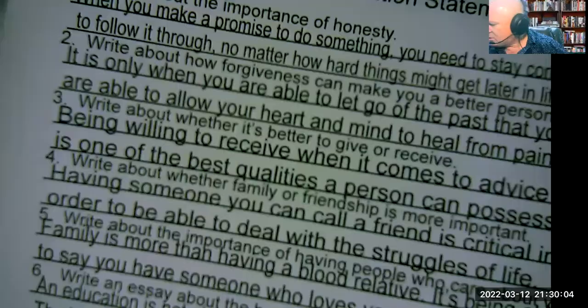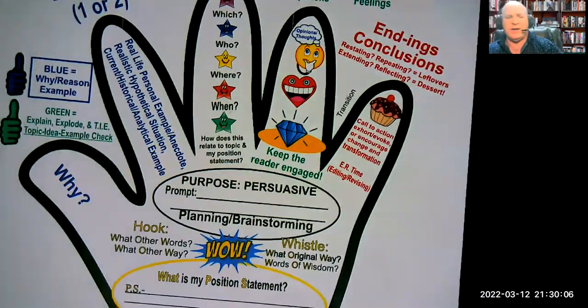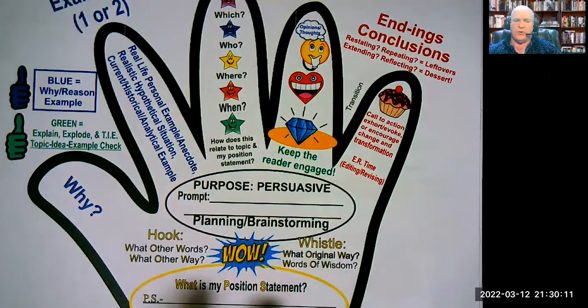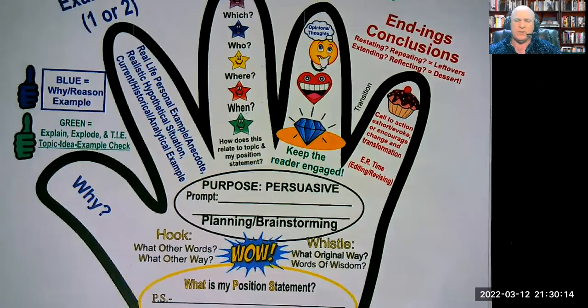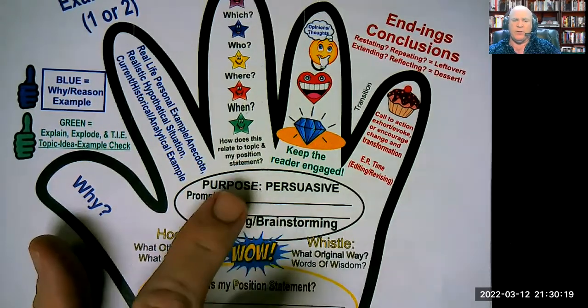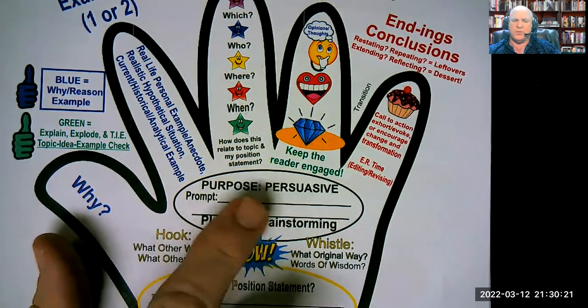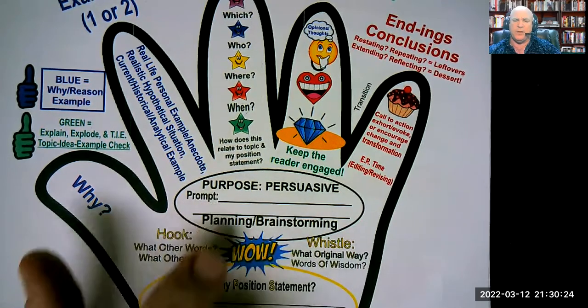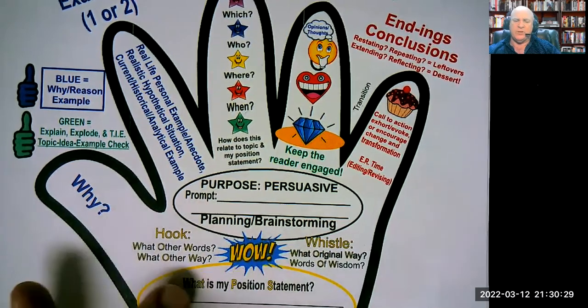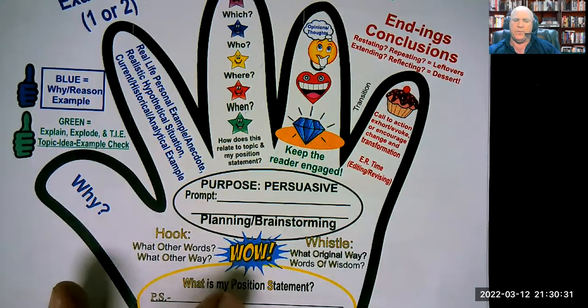So for those of you who have the star writing guide, let me remind you by looking at page 5 that even though this one's set up for persuasive, if you're doing expository or persuasive, regardless of whatever the purpose is between those two and the prompt, the topic, part of your planning and your brainstorming doesn't have to be just the thesis statement or the position statement.